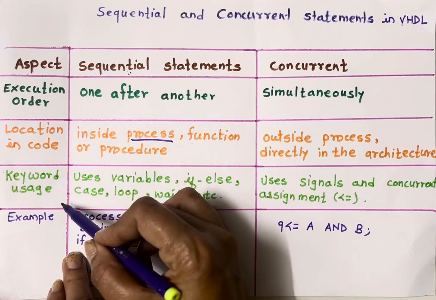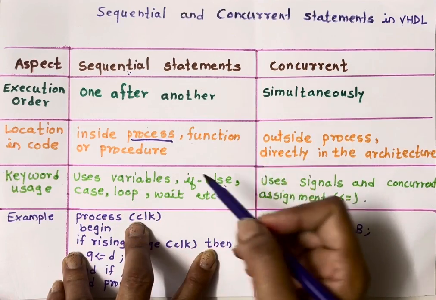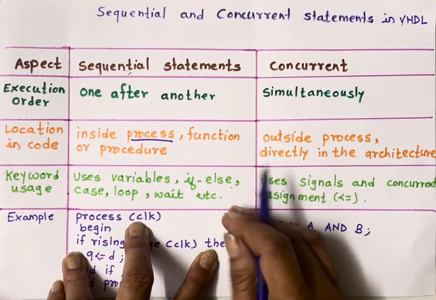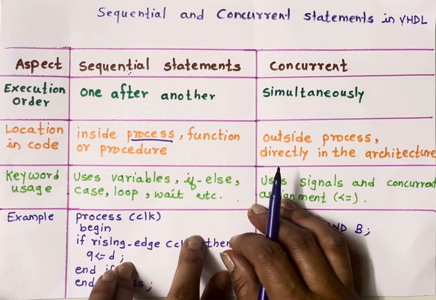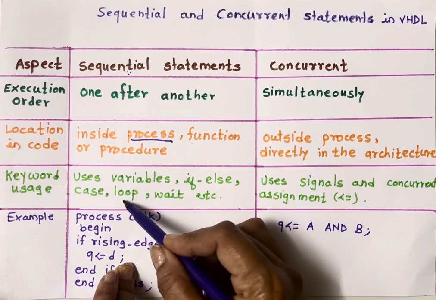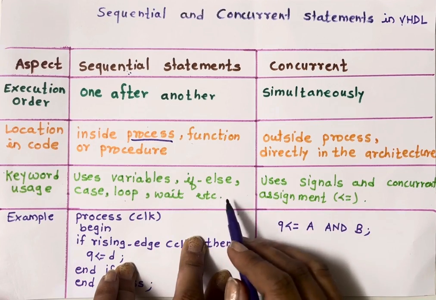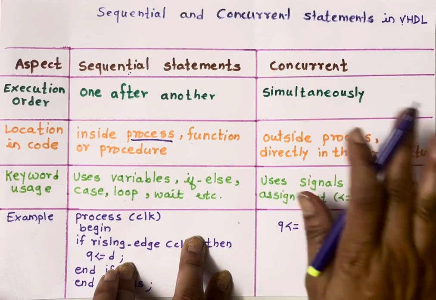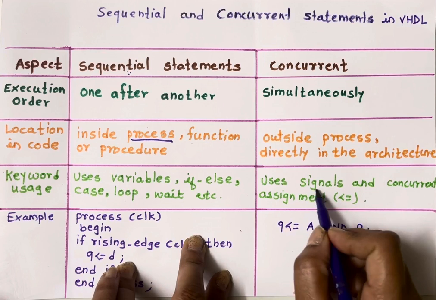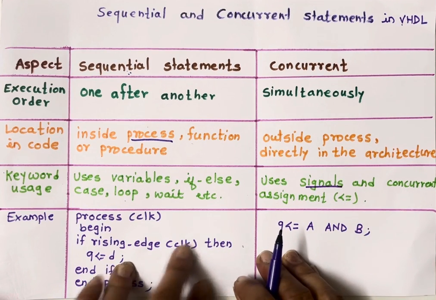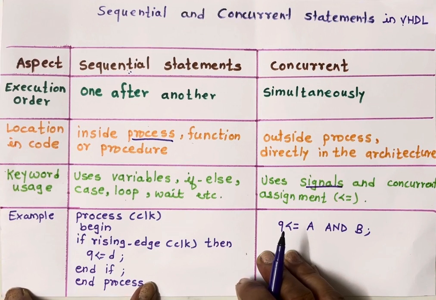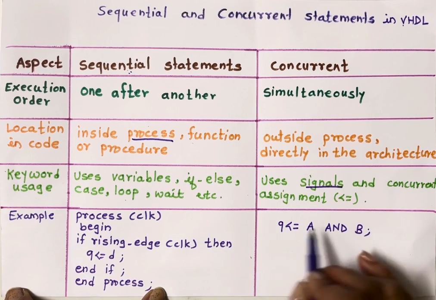Next, keyword usage. Which keywords we can use? So in sequential statements, we can use if else statement, variables, case statement, loop, wait, etc. Whereas in concurrent statements, we simply use signals and signal assignment operator. So see, I have taken example of D flip-flop and here is simple AND gate.